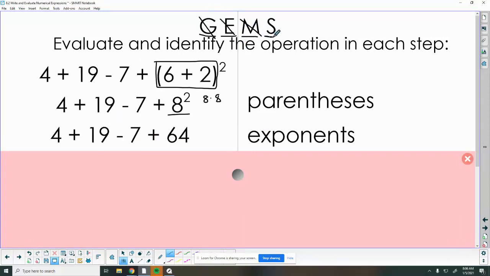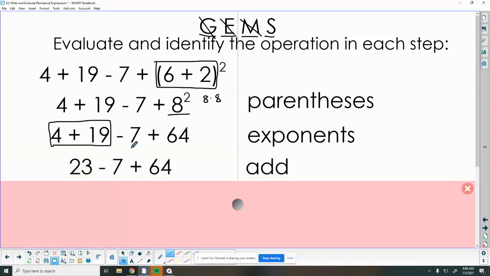So now we're looking for our subtraction operations. The opposite of that is to add. We do it like we read. So we do this first part here. Go ahead and do that. Bring down everything else. So 4 plus 19 is 23 minus 7 plus 64. I had to add to do that.